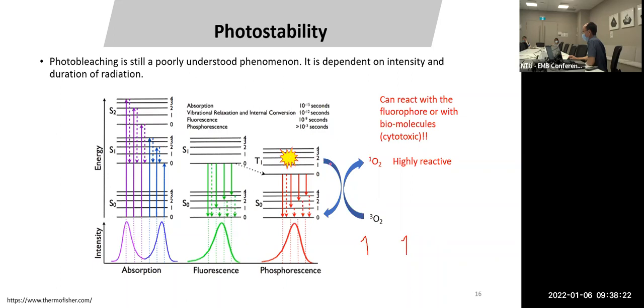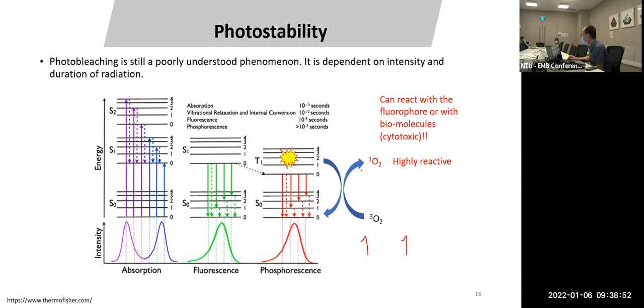So the triplet state will then go back to the ground state. But the consequence here is that the triplet oxygen is converted to singlet oxygen. And this singlet oxygen is very, very reactive. It will tend to react with anything that's around it. So it is this singlet oxygen that reacts with your fluorophore and chemically changes it. So basically it destroys the fluorophore, which is why you have photobleaching.